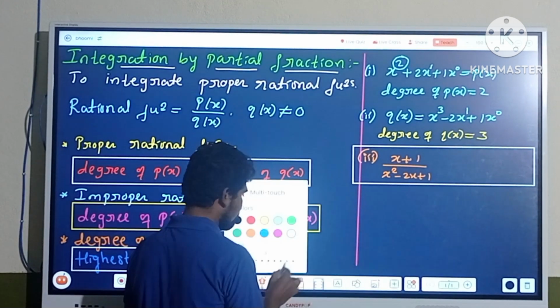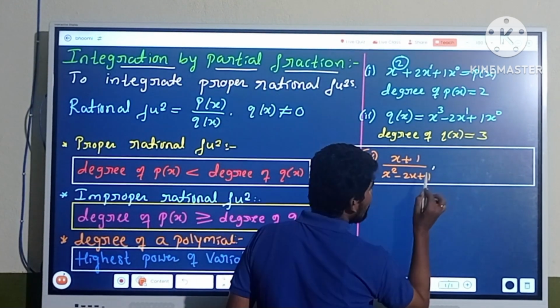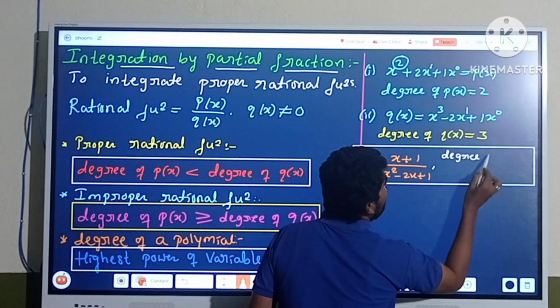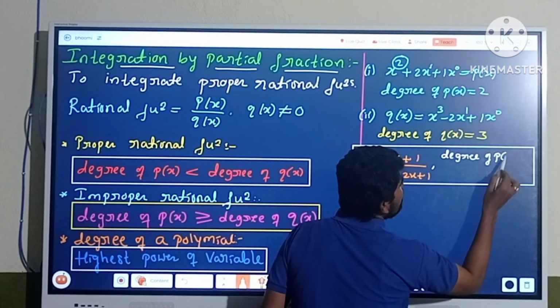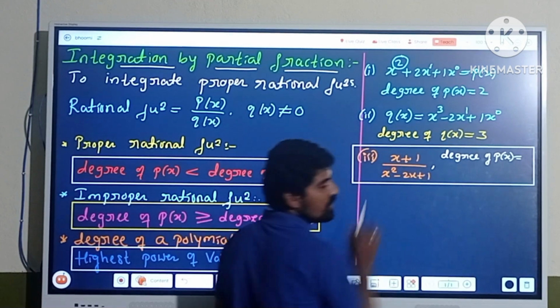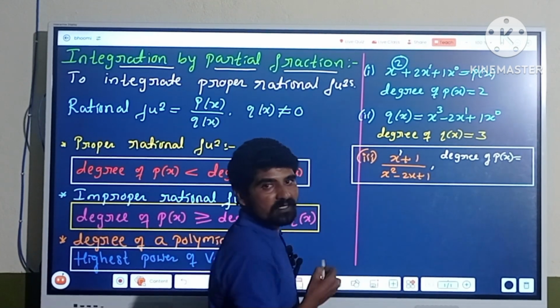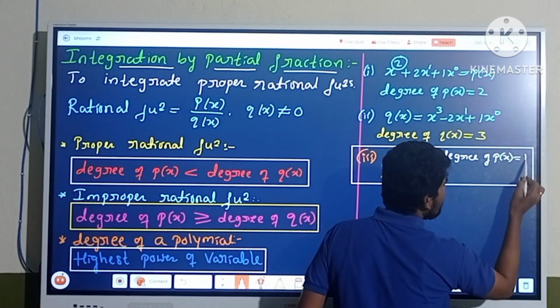Observe here, the degree of px, the polynomial in the numerator: the highest power of the variable in this px is 1, therefore its degree is 1.